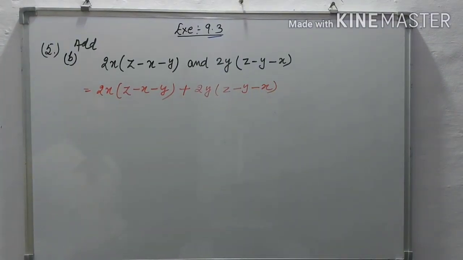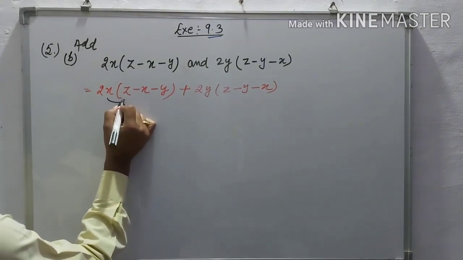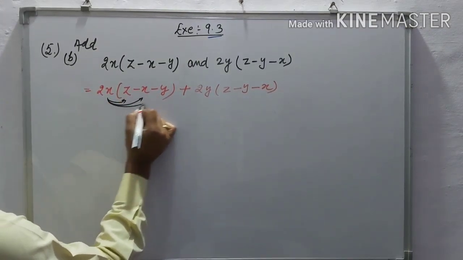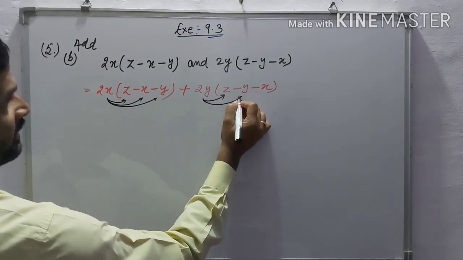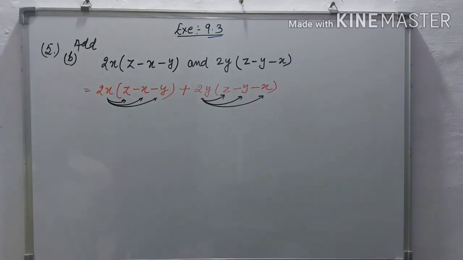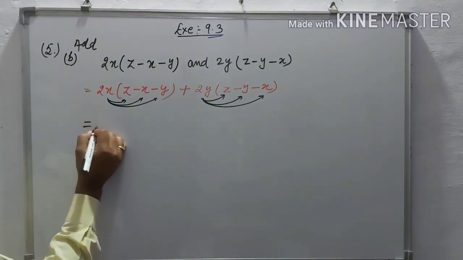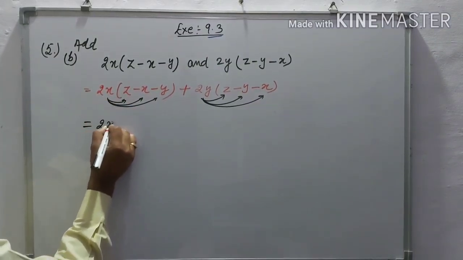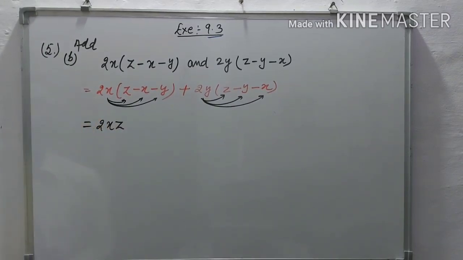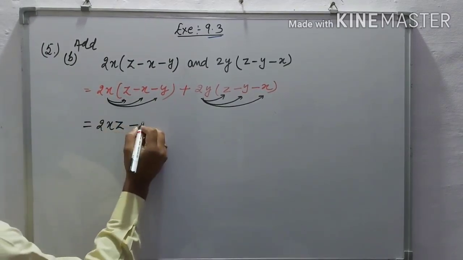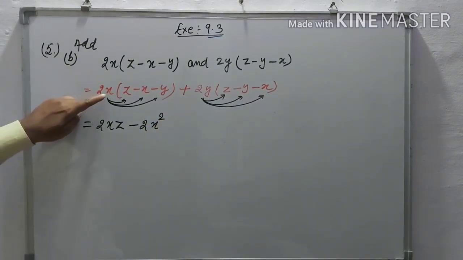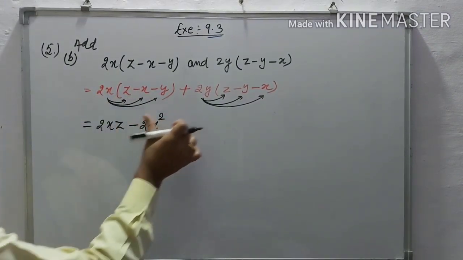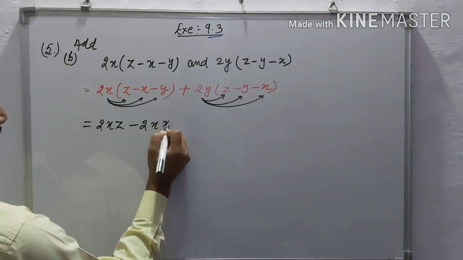Okay, then we multiply: first multiply, second multiply and third multiply. Similarly first multiply z here and here. Okay, then we write 2xz minus 2x square, because 2x and x is 2 times of x.